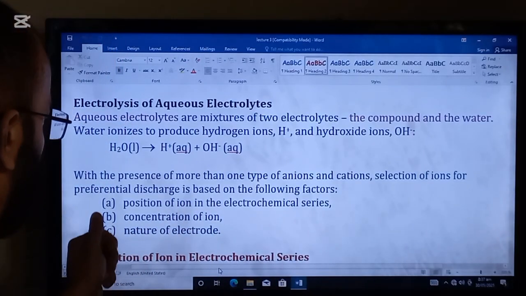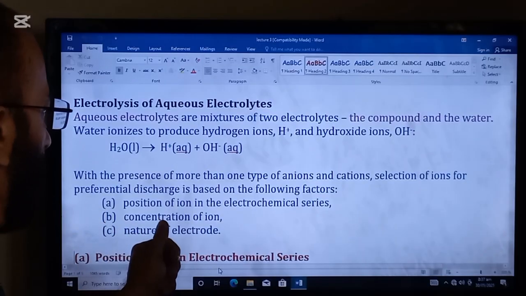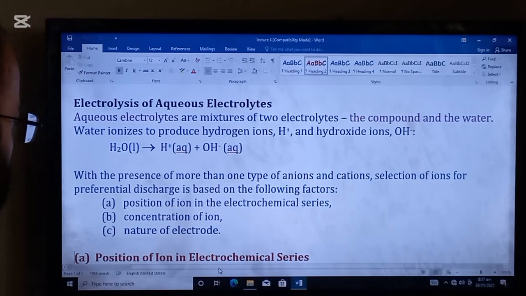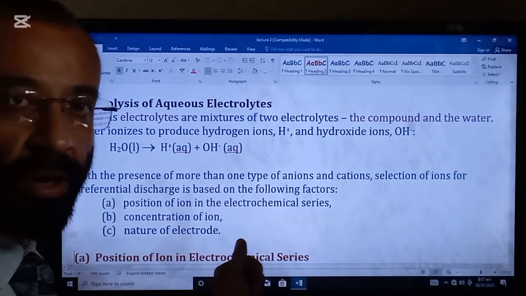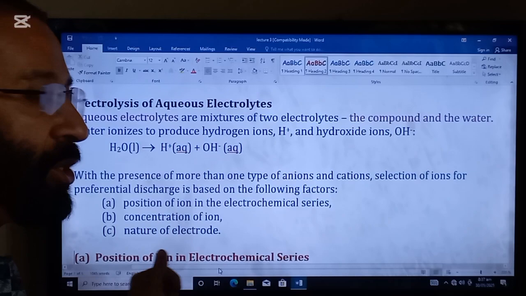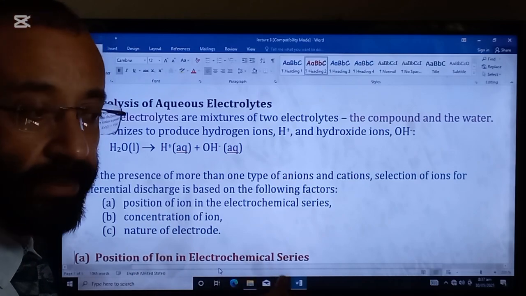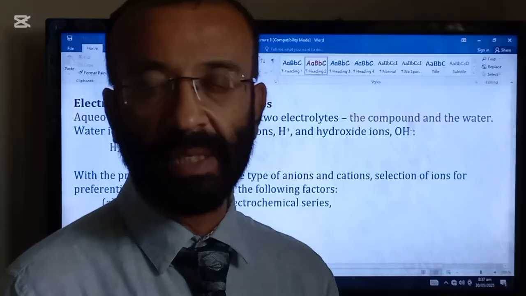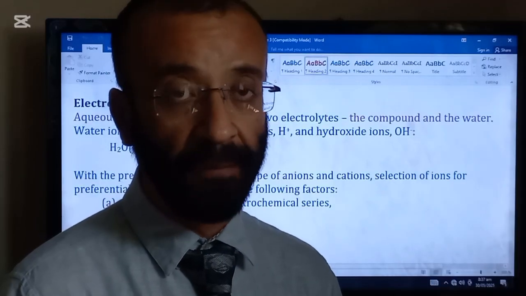And the factors are, number one, position of ion in the electrochemical series. Second factor is concentration of the ion. And third factor will be nature of the electrodes. So these are the three factors, and we will discuss all three factors one by one.